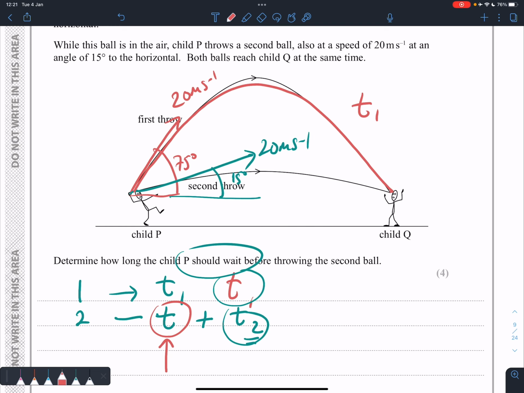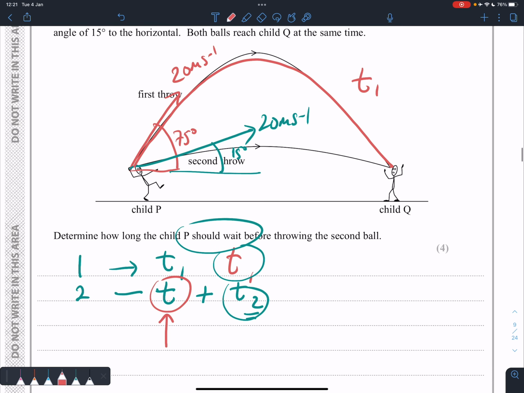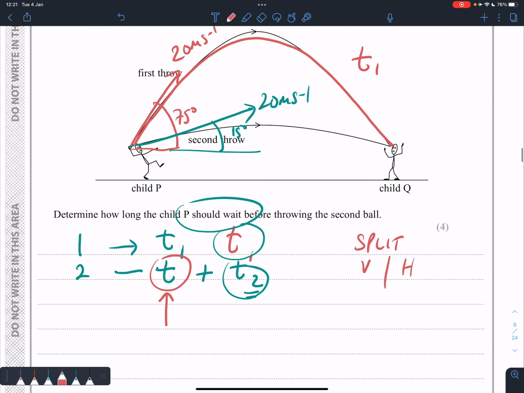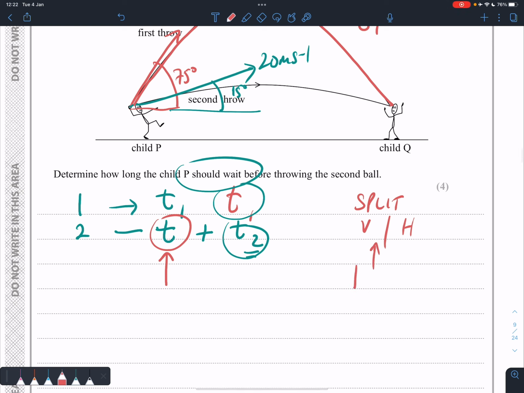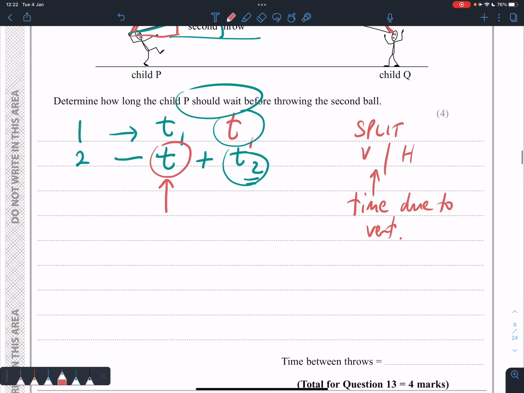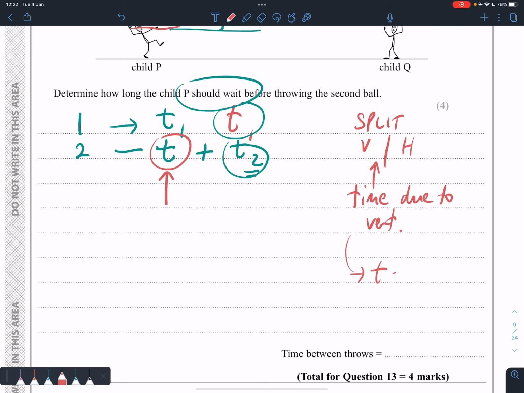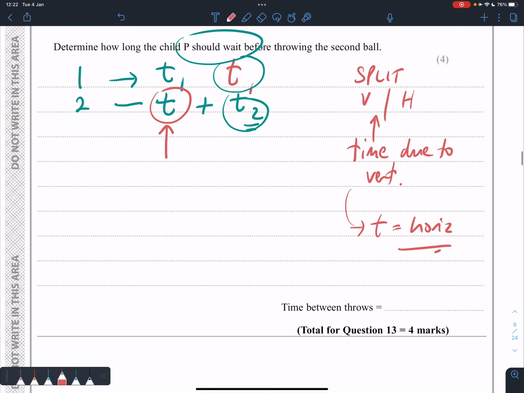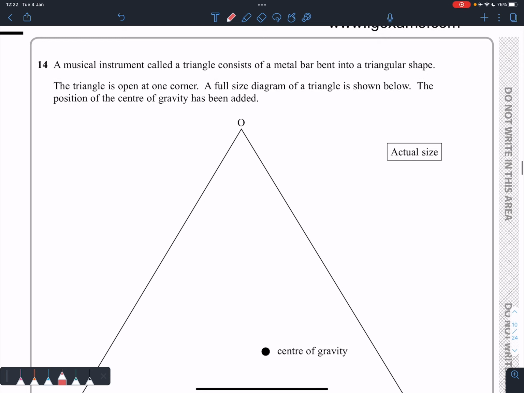What you're going to basically do in these types of questions is split into the vertical and horizontal, and then you're going to measure the time due to the vertical, and then you're going to use that same time for the horizontal. And you should be able to work it out from there. Okay, question number 14.